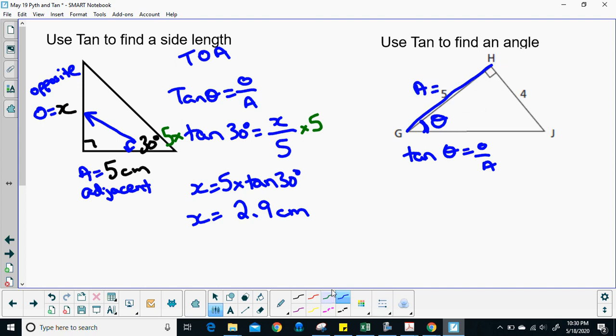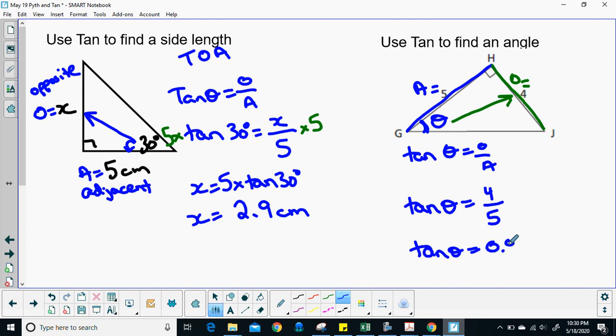This side is opposite, so it's all the way over here. So there's my opposite. So since I have a number for adjacent, I have a number for opposite, I can sub these in and solve. So tan of my angle, opposite is 4, adjacent is 5. So tan of my angle, 4 divided by 5 gives me a 0.8.